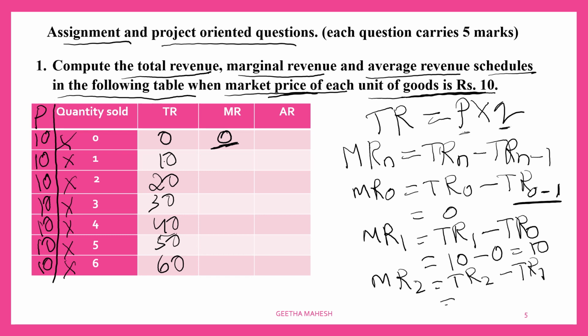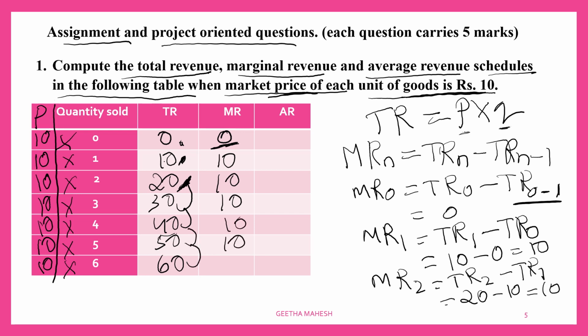Total revenue of second unit is 20 minus 10 is equal to 10. So like this, 10 minus 0, you will get 10. 20 minus 10 you will get 10. Again 30 minus 20, 10. 40 minus 30, 10. 50 minus 40, 10. 60 minus 50 will get 10.